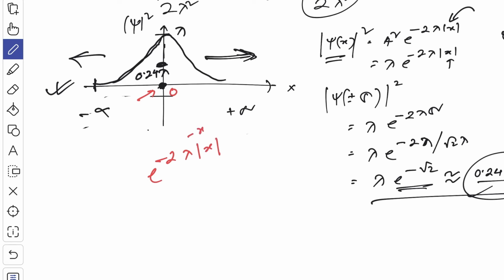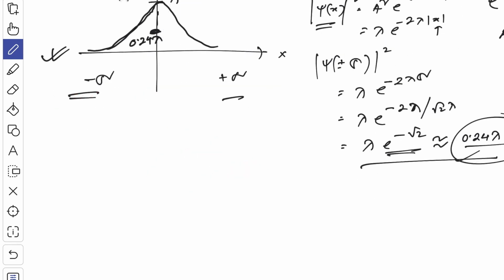If you put minus x or plus x, it doesn't matter, this value will always be positive, and hence the exponent on e always remains negative, minus 2 lambda x. So e to the power minus something is always going to be very small values, but it's never going to be equal to 0. So that's why this is the required graph.